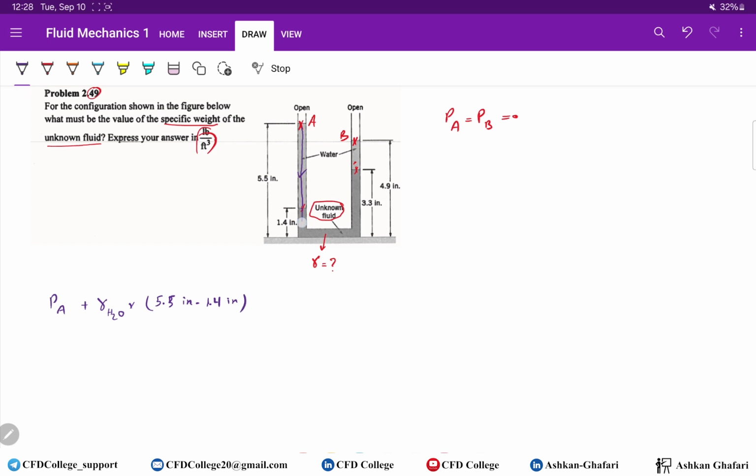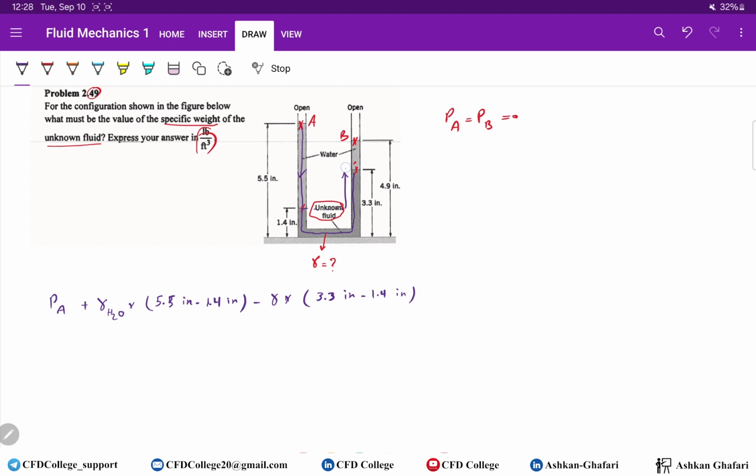Then I keep moving from this point to this point. The movement is upward for this distance, so I should subtract the pressure, gamma, which we should find, times 3.3 inches minus 1.4 inches.